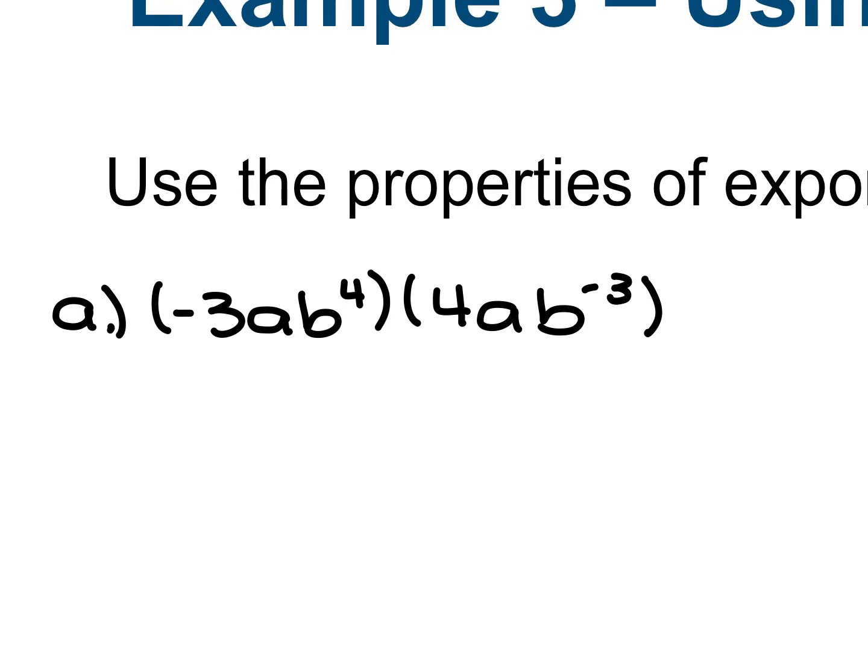Guys, I have to impress upon you enough. I like to give you credit on your tests and quizzes. I do. But you have to show me your thought process. The more you can show me, the more credit I can give you. Say you got down to the end here, and instead of telling me this was negative 12, A something, B something, you told me it was 7. What did you do? You added, all right?